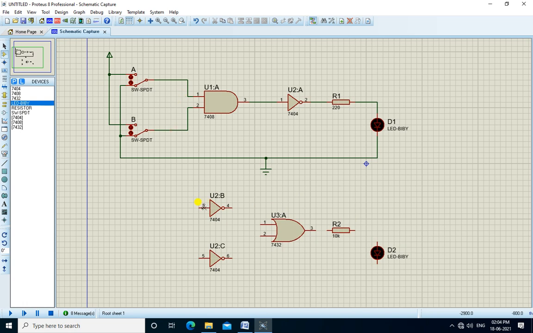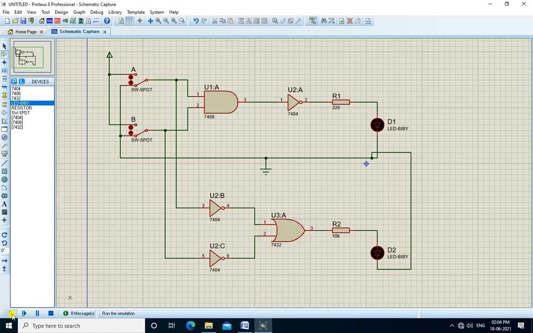We will connect the diagram. A is given to the input of one NOT gate and B is connected to the input of the other NOT gate. The outputs of the NOT gates are connected to the inputs of the OR gate, and the output of the OR gate is connected to the LED. So this is the logic diagram for A bar plus B bar.